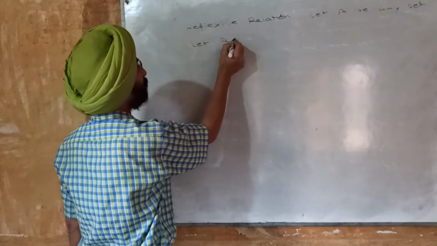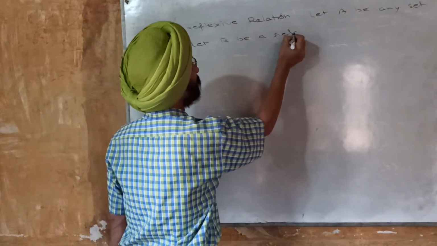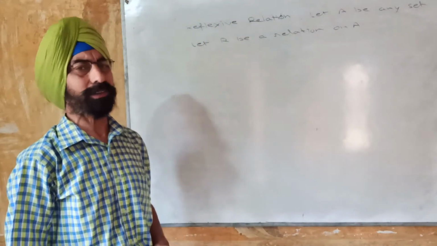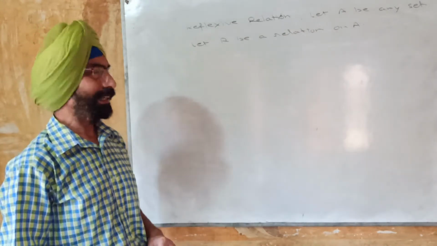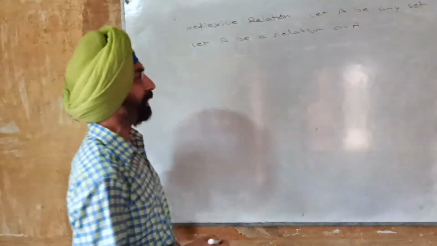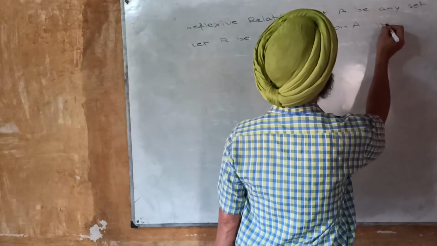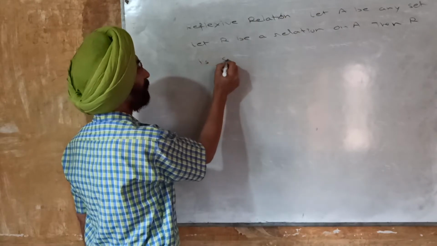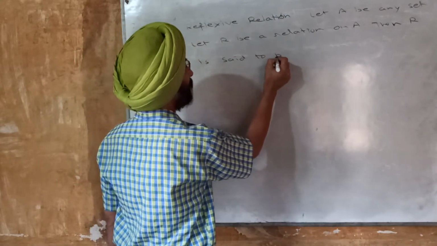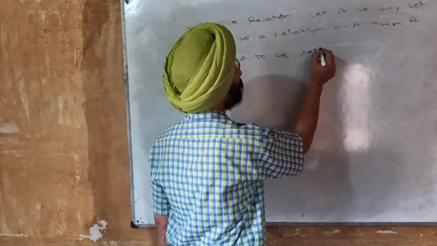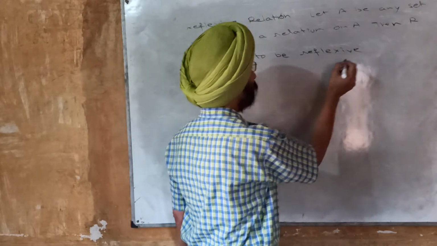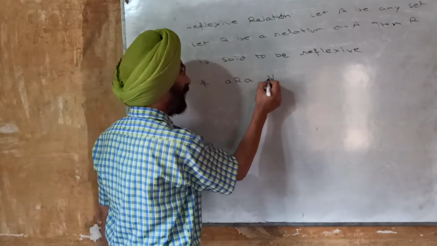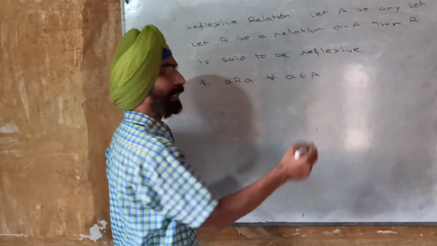Let R be a relation on A, and relation on A means relation from the set A to the same set A. Then R is said to be reflexive if a is related to a for every member a belonging to the set A.